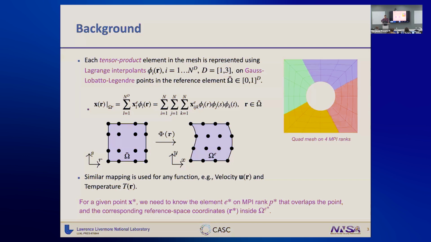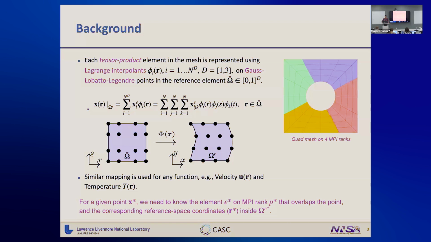It's represented similarly, which means if you want to interpolate your solution at any given physical location, you need to know the element that overlaps that point. You need to know, obviously, the MPI rank that the element is partitioned to, and you need to know the reference space coordinates inside the reference element corresponding to that.